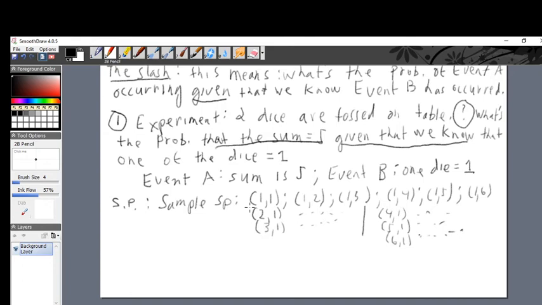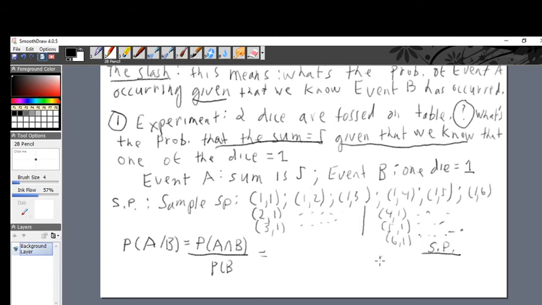So now, again using the formula, the probability of A given B has occurred is equal to the probability of A and B over the probability of B. So what's that equal to? Probability of A and B is that the sum is 5 and one die is equal to 1.